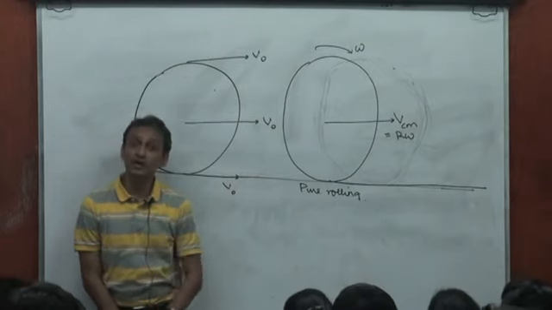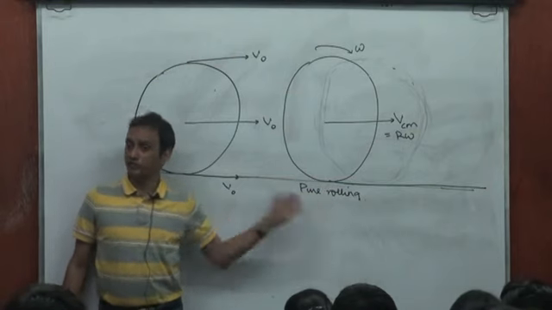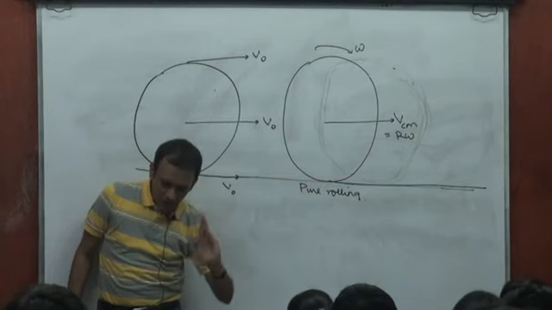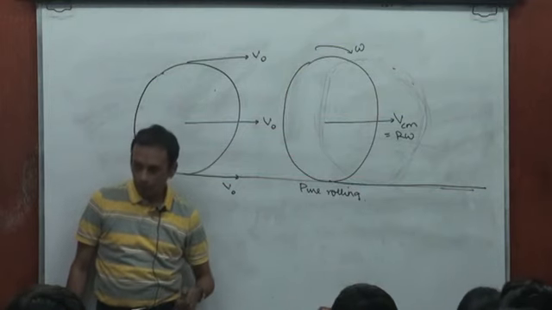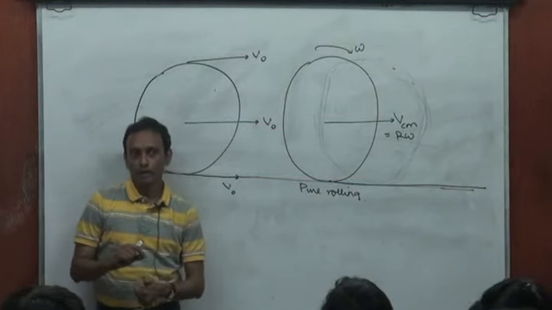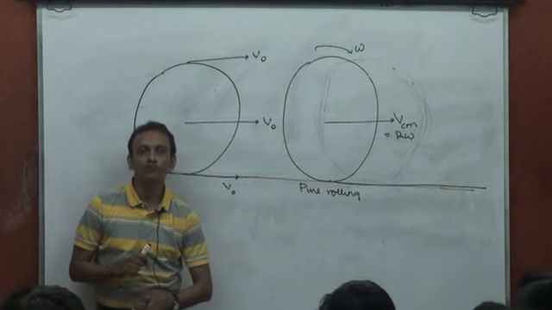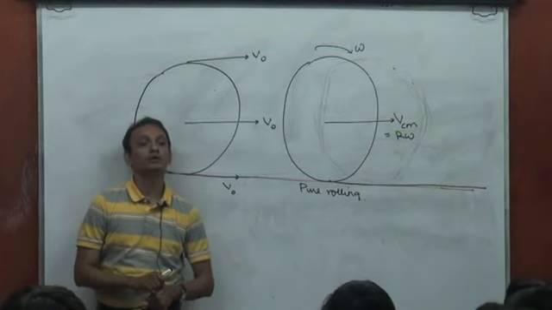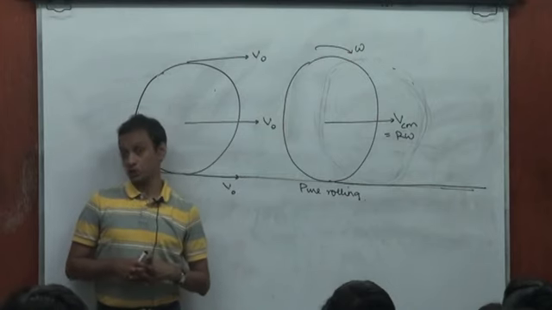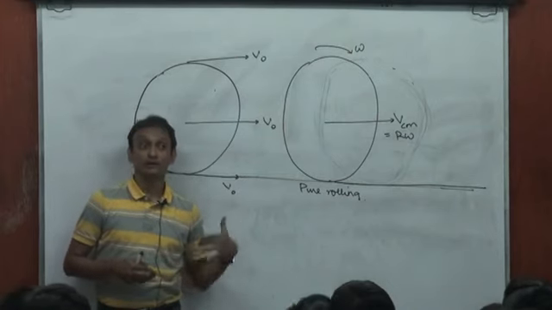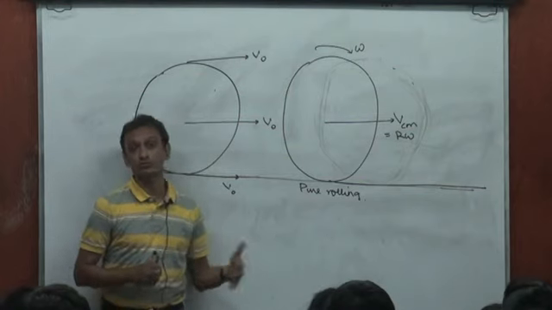Beyond this state, see, until this state, friction acted leftwards, continuously killing VCM and enhancing omega R. And then beyond this state, what would be the role of friction? What would be the action of friction beyond the state? First, whether it's going to act to the left or it's going to act to the right.